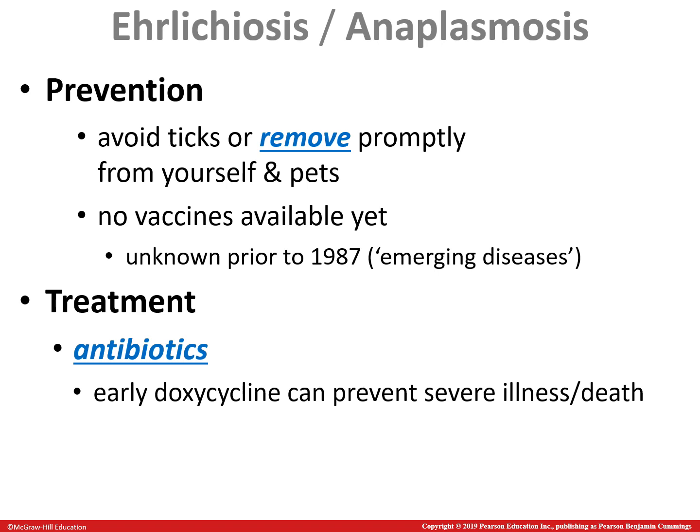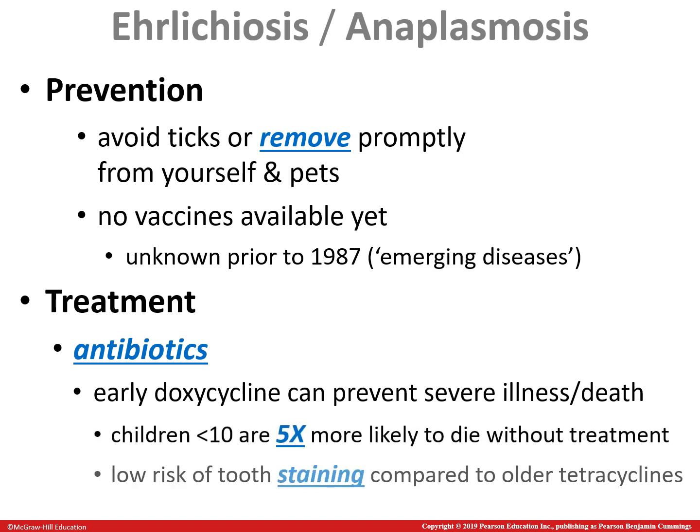Unfortunately, some of the most effective antibiotics include tetracyclines and those in the family of tetracycline. And historically, that is something that we didn't like to prescribe to very young children because it had the risk of permanent tooth staining. And so doxycycline is now the preferred antibiotic for this.